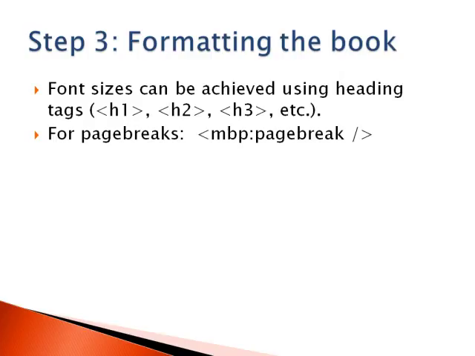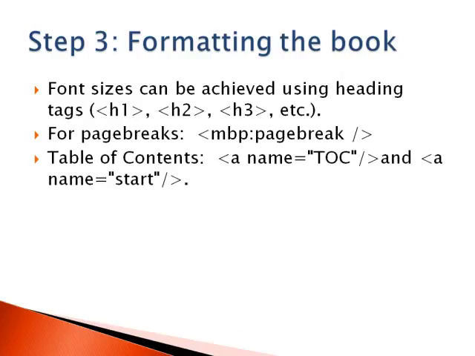So you want to tell Amazon Kindle where the page breaks are going to be. So this is the tag that you would use in front of wherever you want the page break to be. Table of contents: to tell Amazon Kindle where your table of contents is, you want to have the specific tag in front of it.